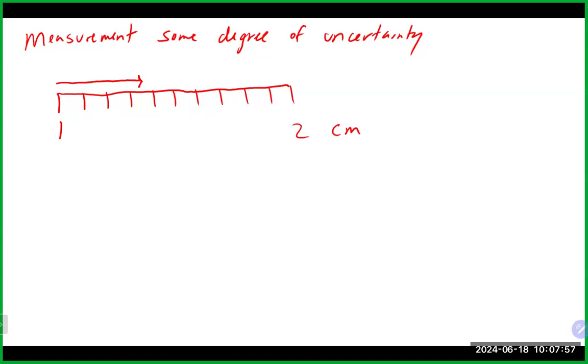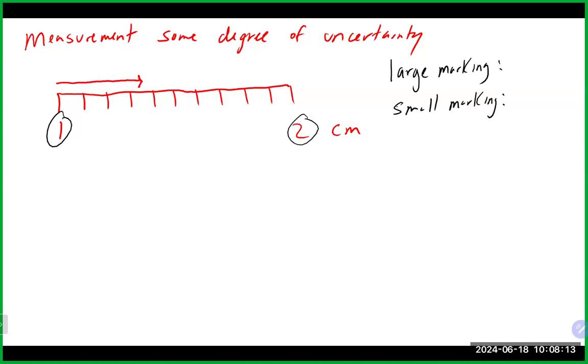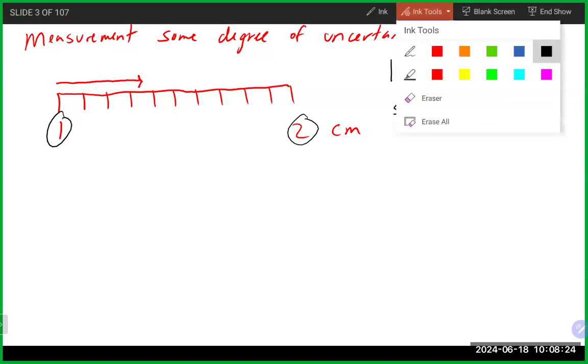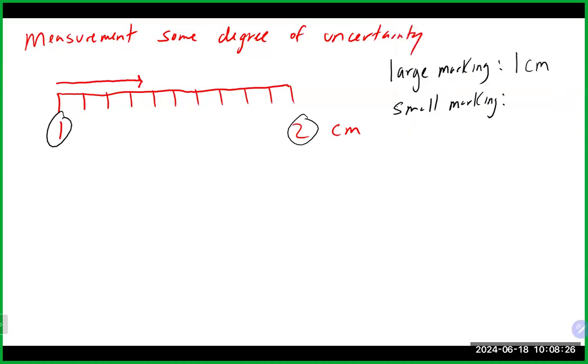Usually there is a large marking and usually a small marking. The large markings usually will have numbers. In this case, our large marking here represents 1 centimeter. The smaller markings are represented by all the dashes, whatever they may be, in between the two larger markings.